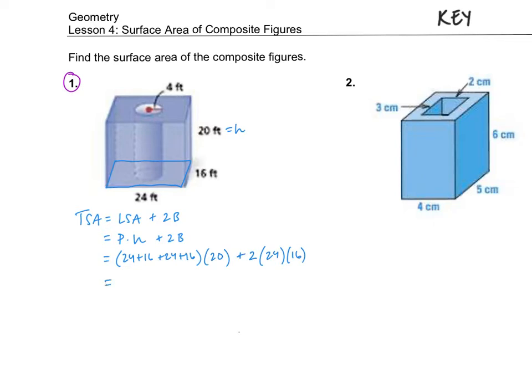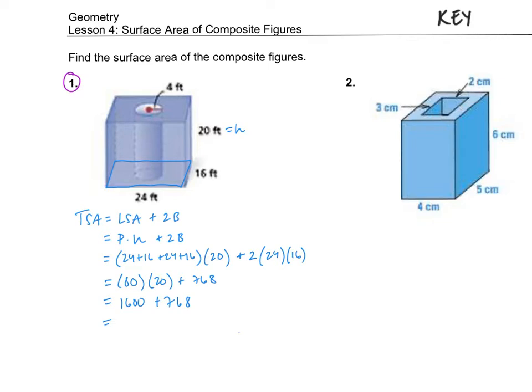Now let's use our calculator to help us figure out some of these values. I add all those together and I get 80 times 20, and then when I put in my calculator 2 times 24 times 16, I get 768. Multiplying 80 times 20 is 1,600, and I'm going to add that to 768.